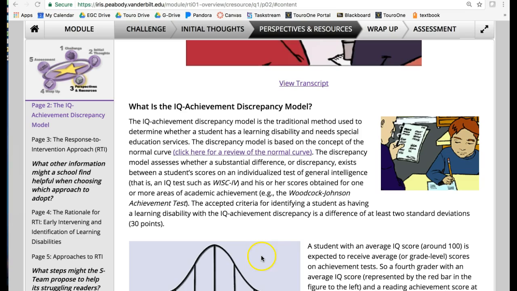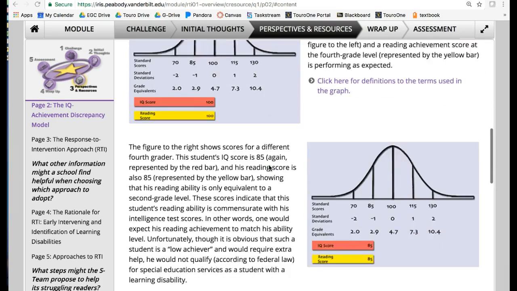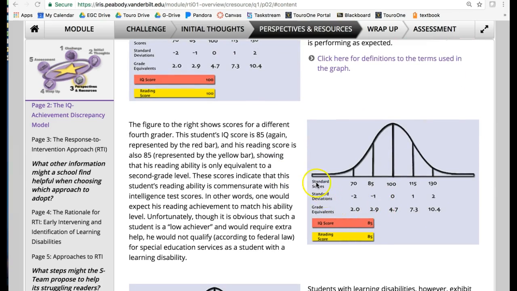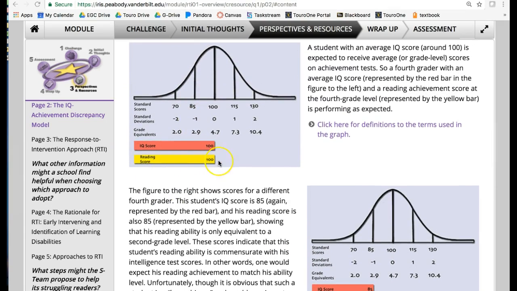The basic idea is that you check to see what a student's IQ is, and then you check to see what their reading score would be, and if it is similar, then you know that they're right on track, right? So if you have a student whose IQ score is average, which is about 100, and their reading score is about 100, it's not excellent, but it's right there, then they're probably doing okay.